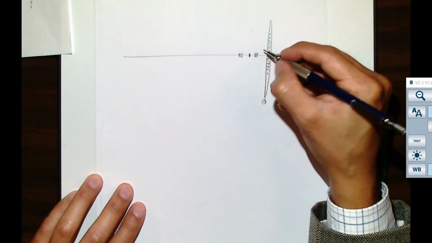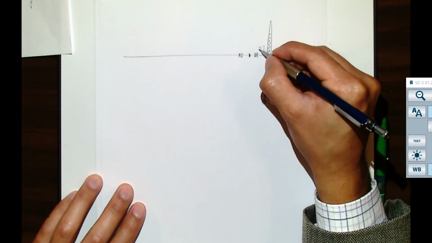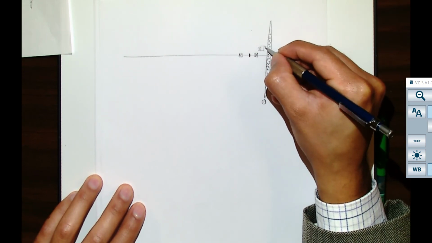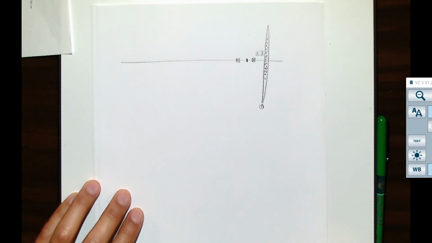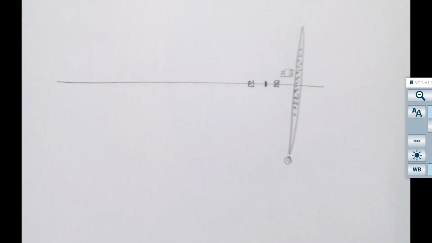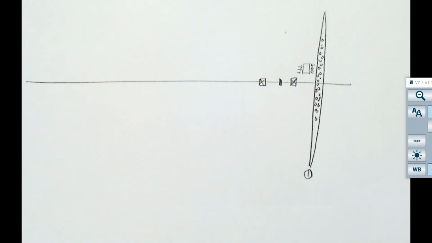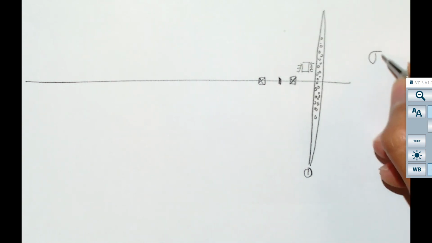So what do you think is going to happen with the stress in this direction? Would it be higher or smaller or the same than before? Higher. It's going to be higher, right? And how much higher? It depends on the width, and also it depends on what? So remember, sigma is equal to what?